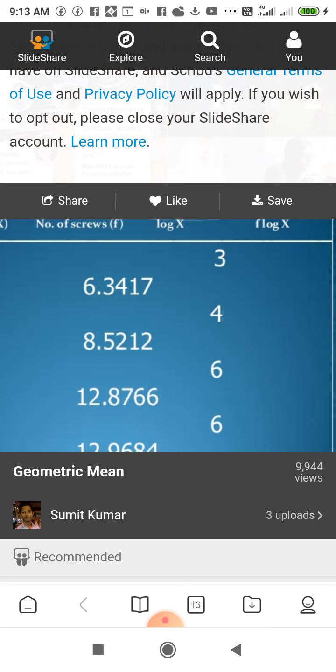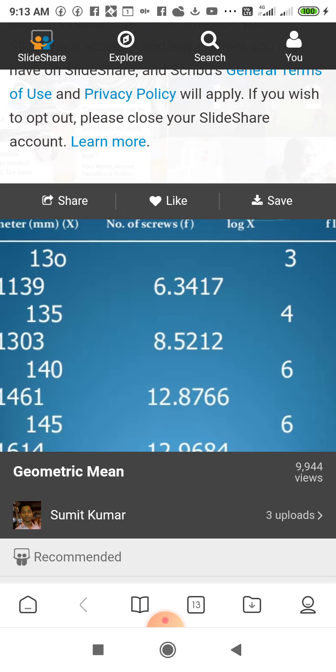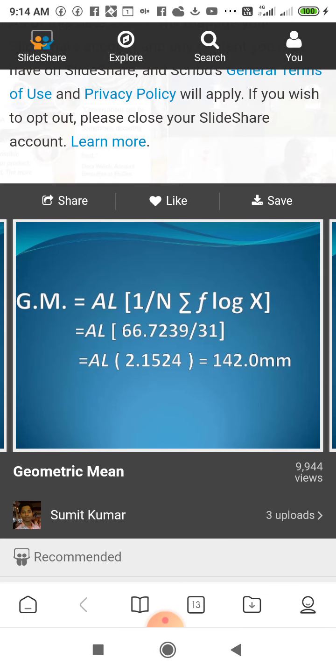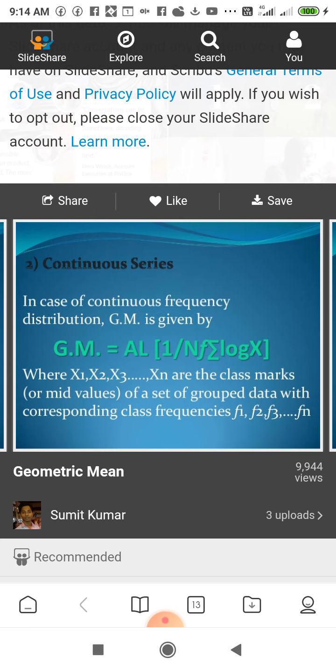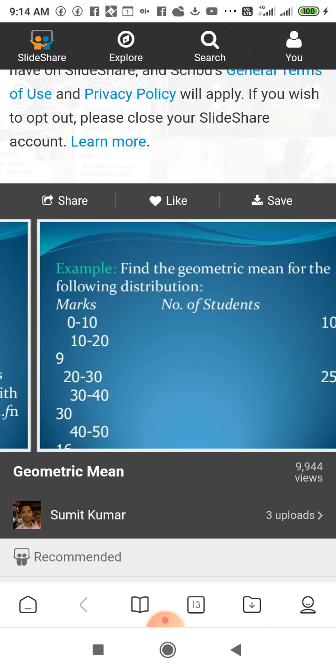So that is in the form of log x, and after multiplying it gives f log x, and f log x upon n, we find the geometric mean. In the continuous series, in case of continuous frequency distribution, geometric mean is given here: 1 upon n sigma f log of x. This is the formula.